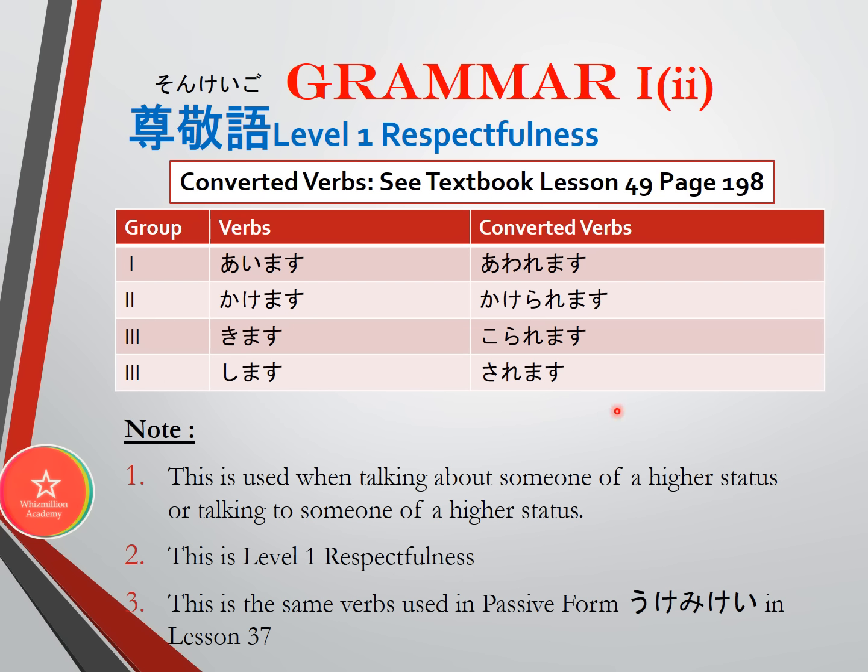This is keigo converted verbs. You're using this when you're talking to someone of a higher status. This is the same verbs used in passive form. If you remember, passive form we learned in lesson 37, ukemi-kei, is exactly the same as ukemi-kei.